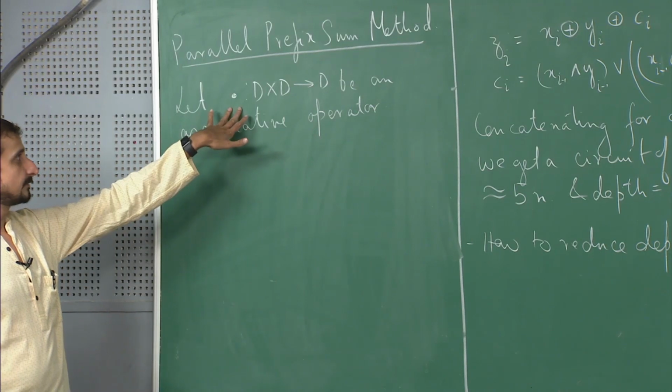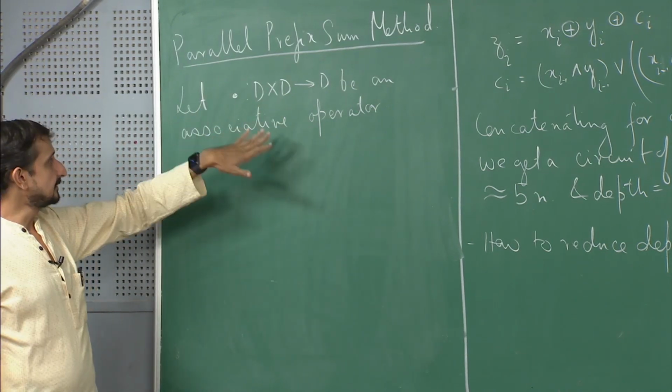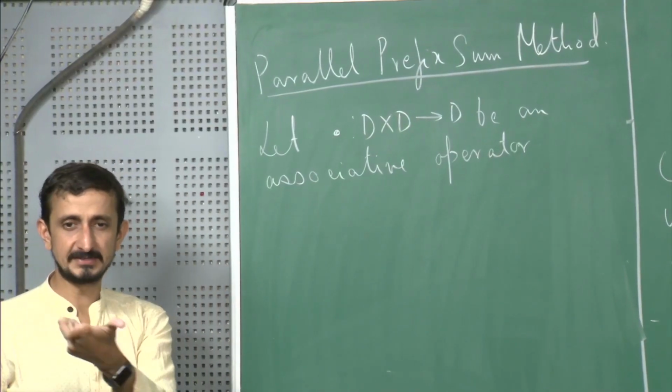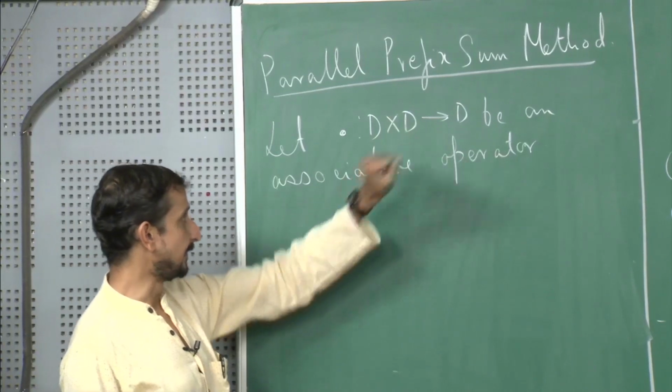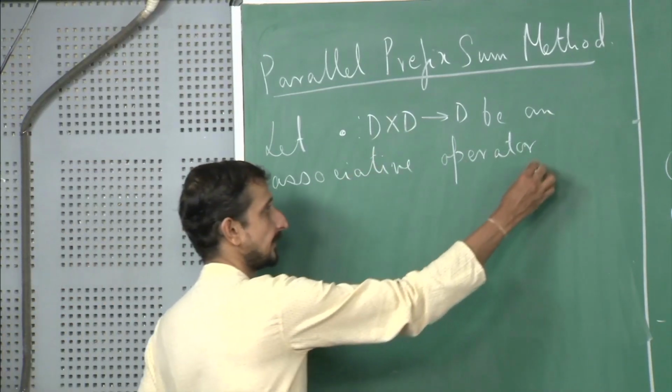So, D is some domain and this is just a function from D cross D to D. It takes a tuple and it outputs an element of D, and it is an associative operator. That is the only assumption that we are making on this function.